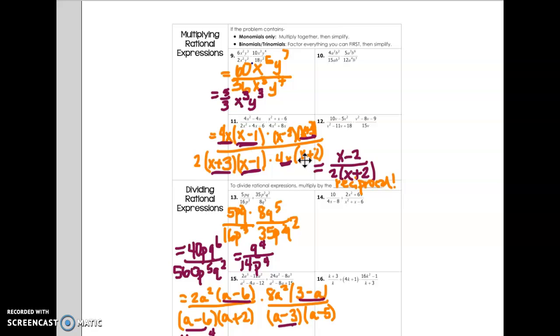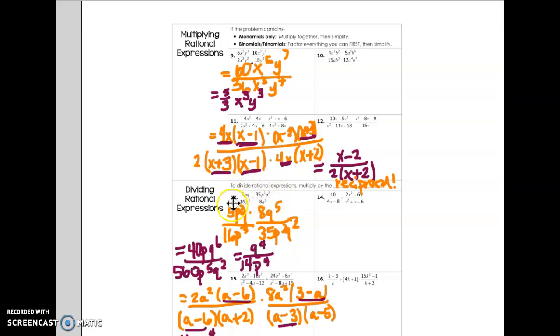Okay, so factor first, then cross cancel. All right, so to divide rational expressions, it pretty much is the same thing as multiplying. The only thing we need to do is make sure we change it into a multiplication problem with multiplying by the reciprocal, just like with fractions. If we were going to take a fraction divided by a fraction, instead we're going to do the first fraction multiplied by the reciprocal of the second.